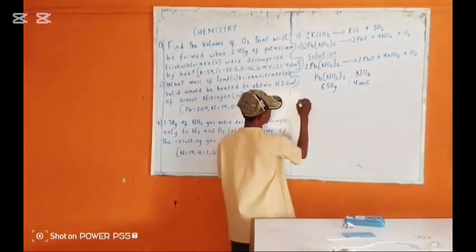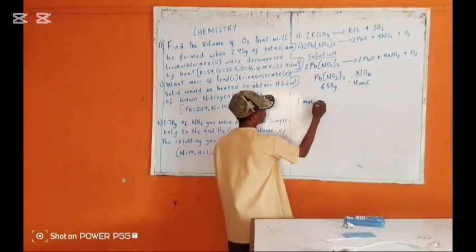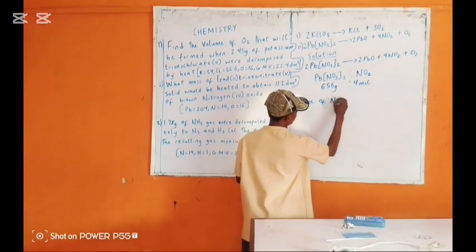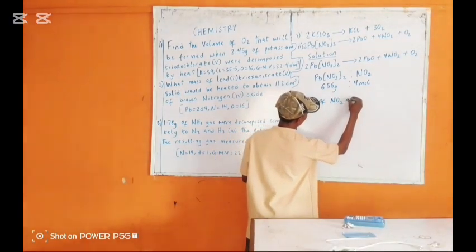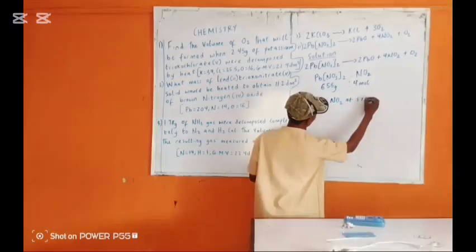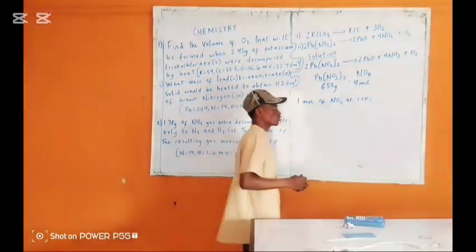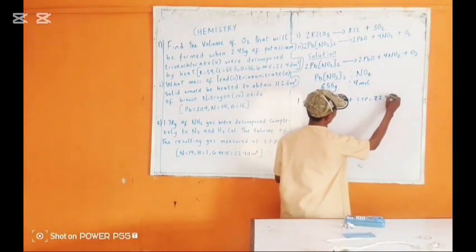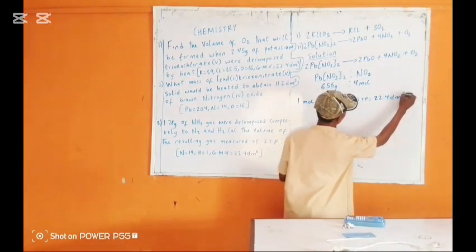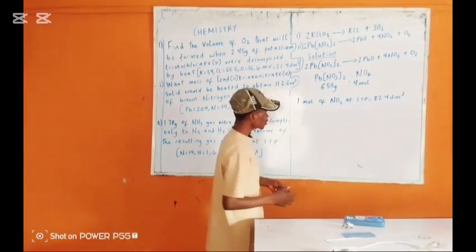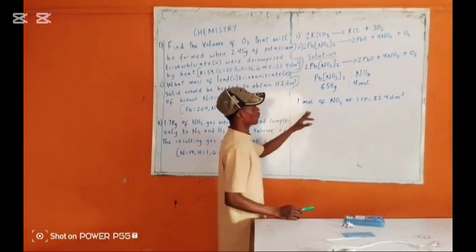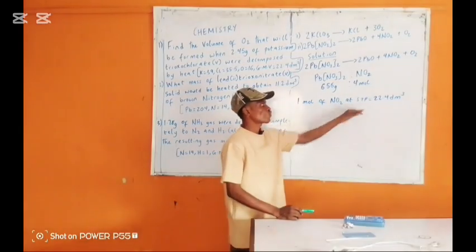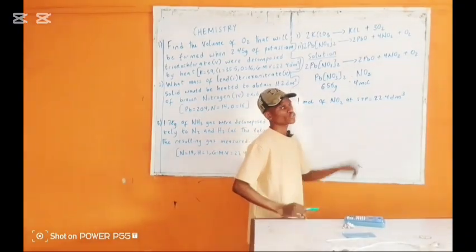So now, 1 mole of nitrogen 4 oxide gas at STP will occupy a volume of 22.4 dm cube.